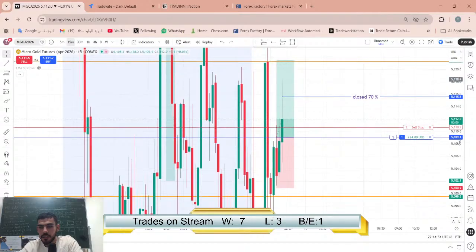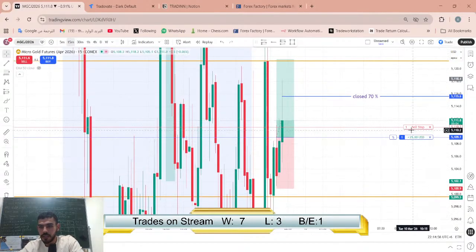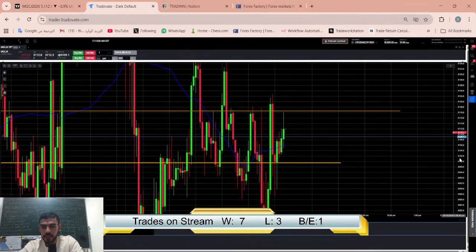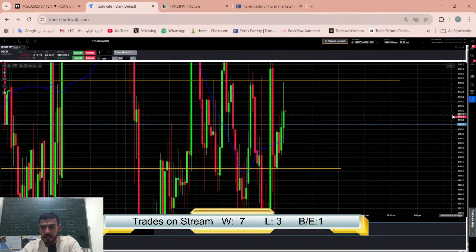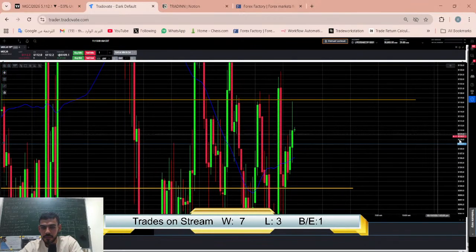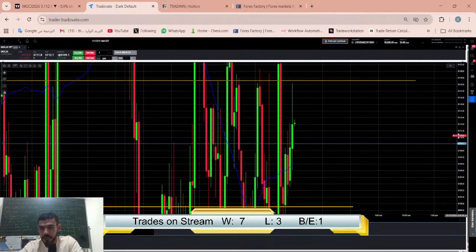Still rejecting, still resisting. Okay, new 15-minute candle opened. Could we see a continuation? Let me move this a little bit lower, just in case it's hovering about 20 pips.